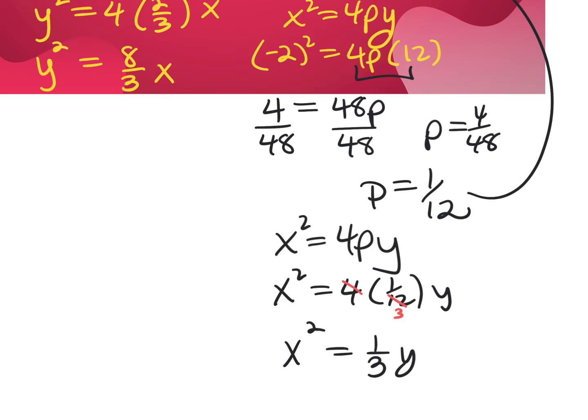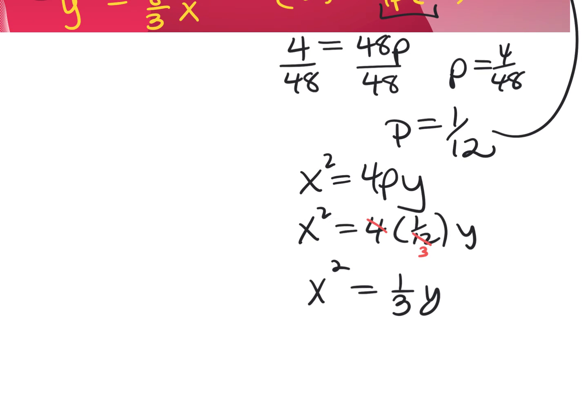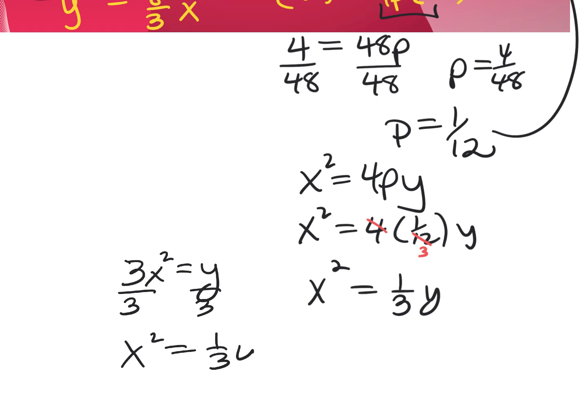Now, just to show you what we're used to seeing, remember yesterday, if you had something like this, 3x squared equals y, remember we had to isolate the square term. We divided by 3, and then it turns back into this. So just be aware that y equals 3x squared is the same thing as x squared equals 1/3 y.